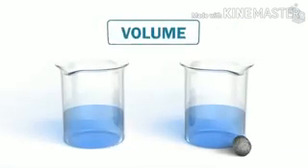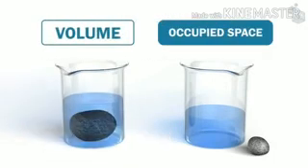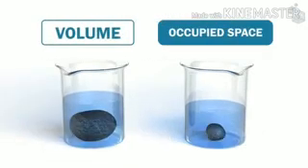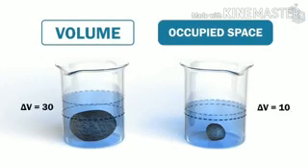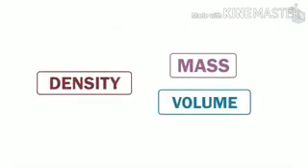The volume of an object is a measurement of the space it occupies. The greater the matter of an object, the greater its volume. Volume is measured in cubic meters or its derived units. On the other hand, density is the ratio between mass and volume.